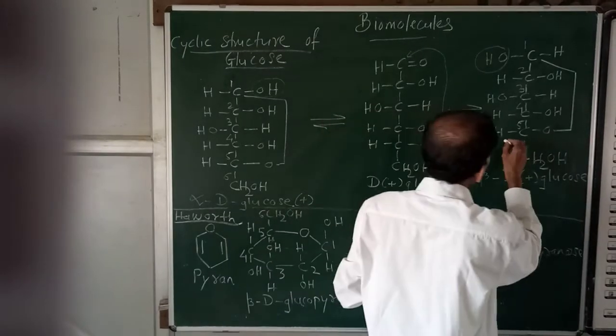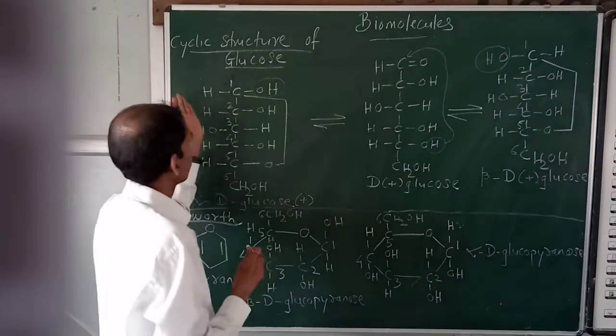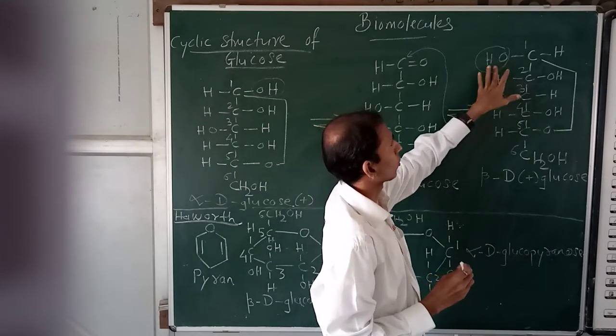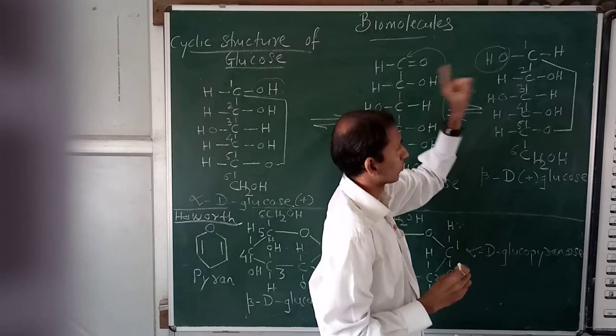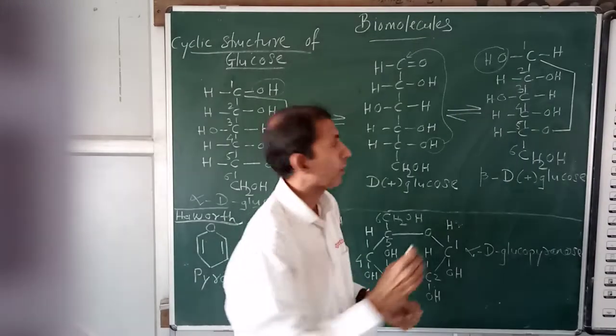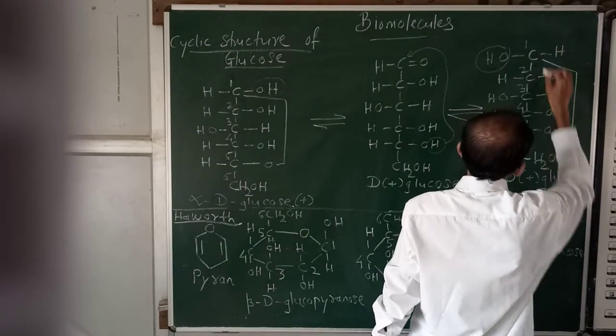And here we have second structure. If OH group is formed on the left hand side in the planar structure, OH group is formed here on the left hand side, so that structure is called beta D-glucose, again with the ring formation between carbon atom first and fifth.